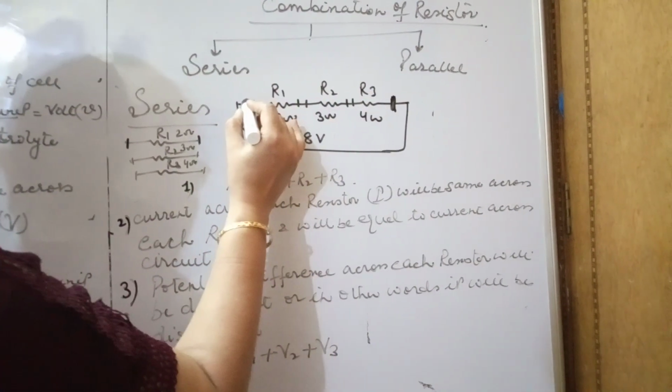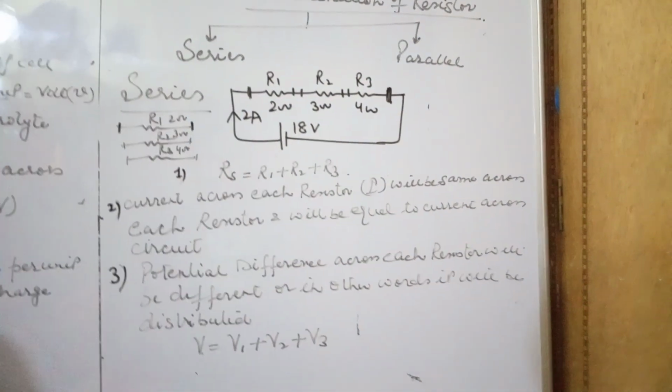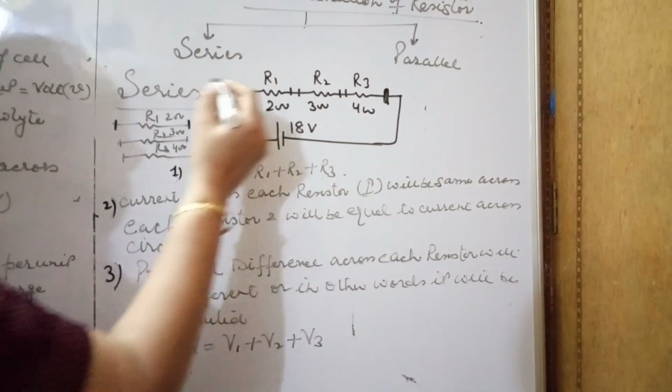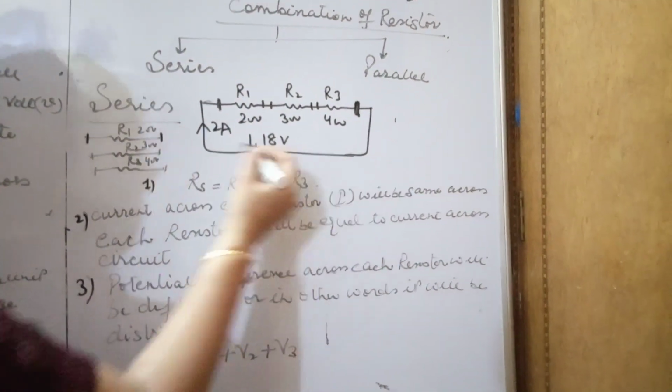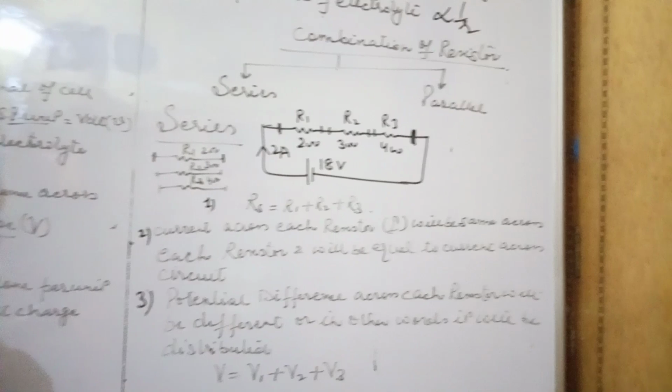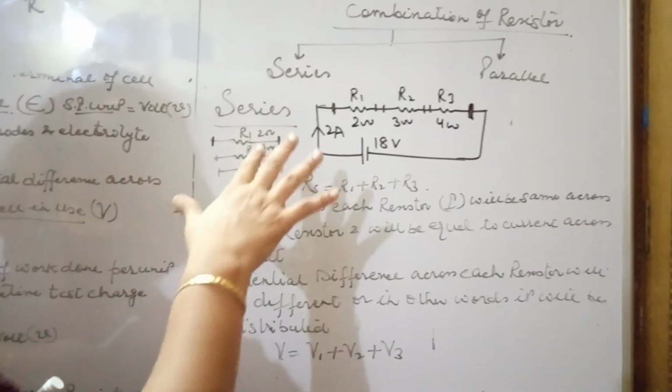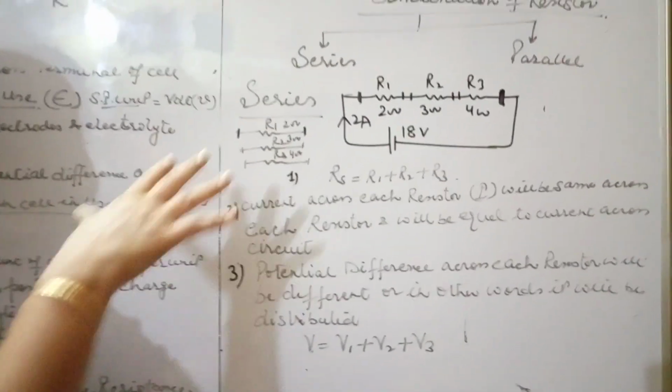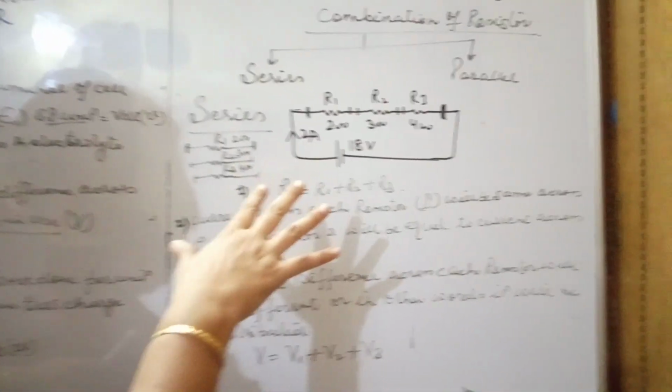Last of the last and first of the first, that is the empty one, is connected with one cell. So this is the series arrangement. This is only the method of connection. In a cooperative manner, they will interconnect and they will distribute the voltage and current.